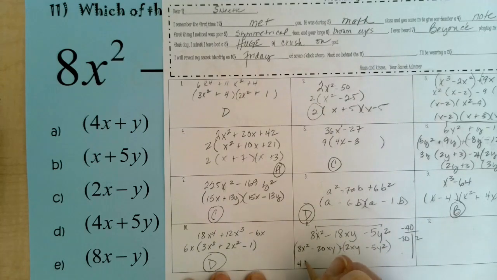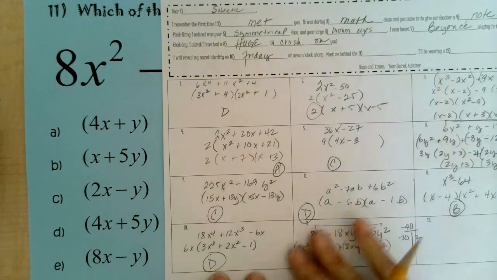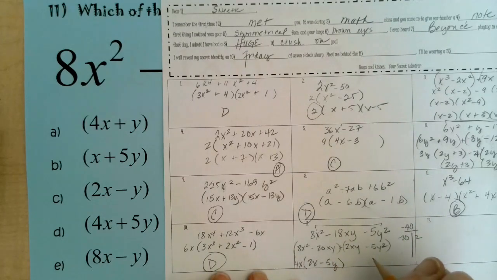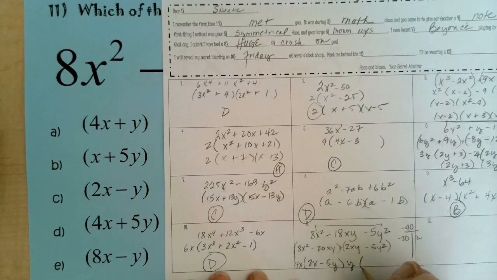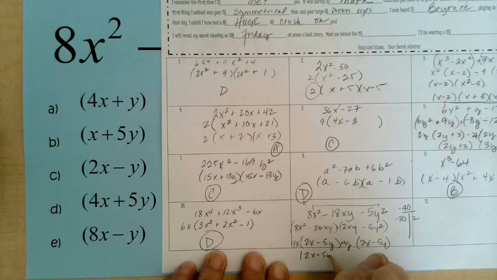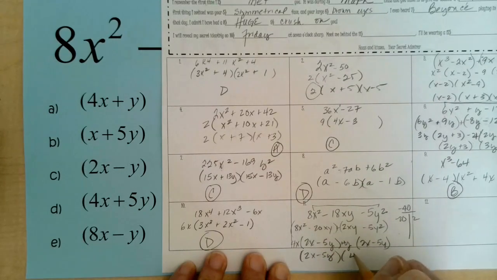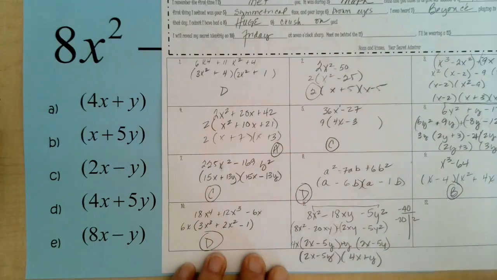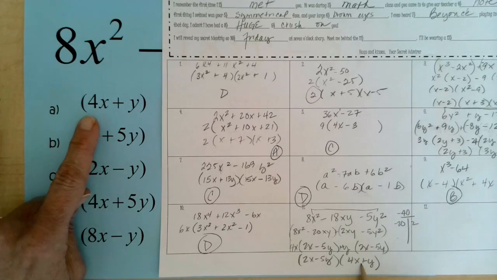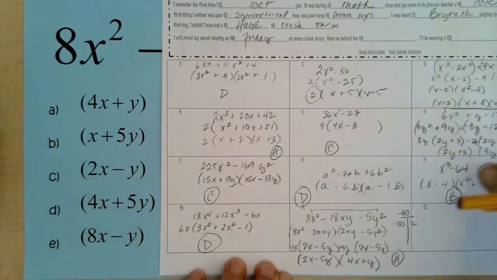Take out a 4 and an x. That's going to leave me with a 2x minus 5y. And then I take out a y. And that's going to leave me with a 2x minus 5y. There's my plus sign. So my factors are 2x minus 5y and 4x plus y. So my answer is A.